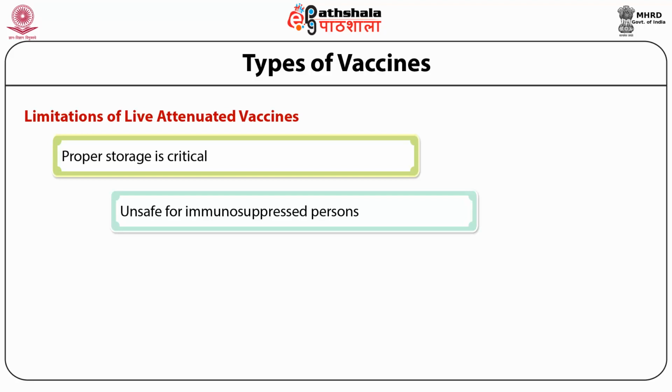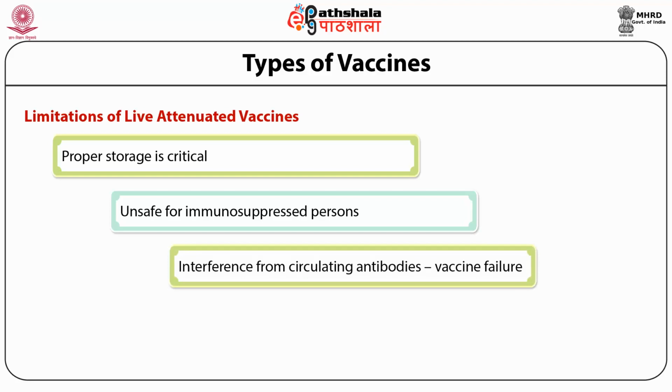Further, if there are circulating antibodies in the blood, for example from maternal sources, or they have been injected, they interfere with the live attenuated microorganism, and as a result the efficacy of the vaccine decreases. This process is referred to as vaccine failure.